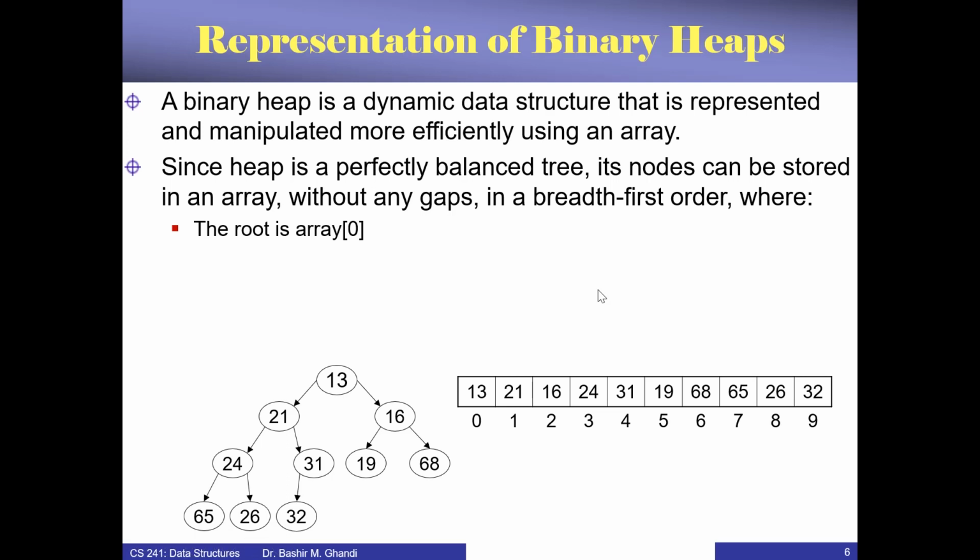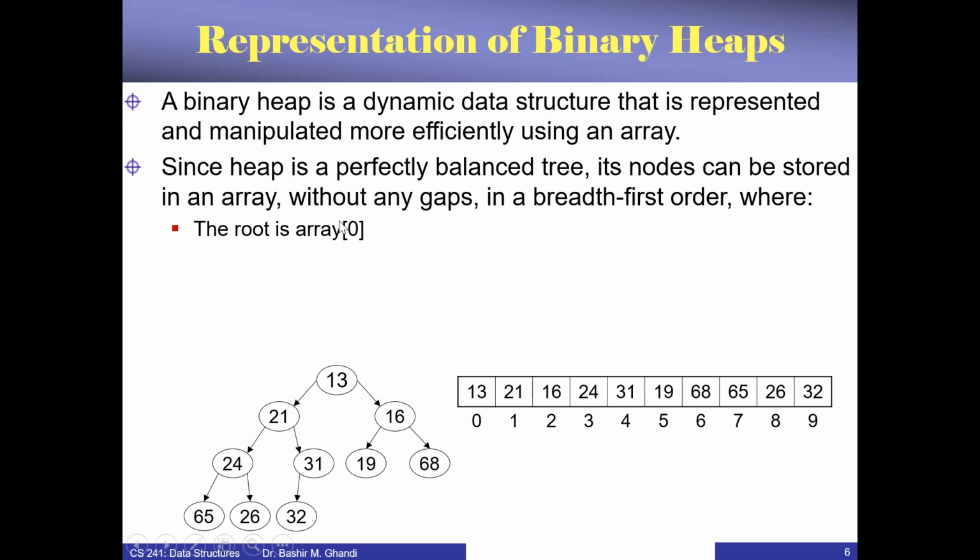And based on this representation, there are some very interesting formulas that are going to be very useful when we come to the implementation of the operations of binary heap, particularly the enqueue and dequeue, and later on when building the heap.